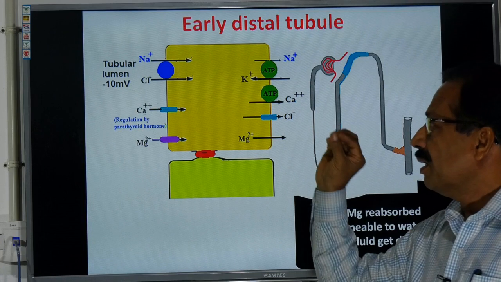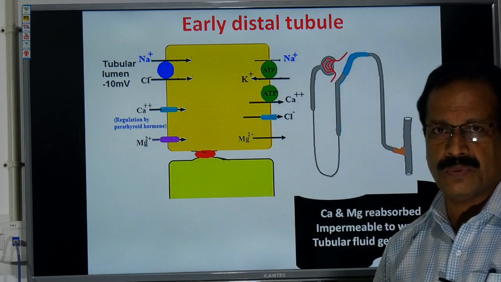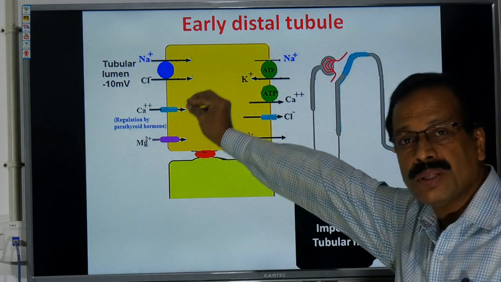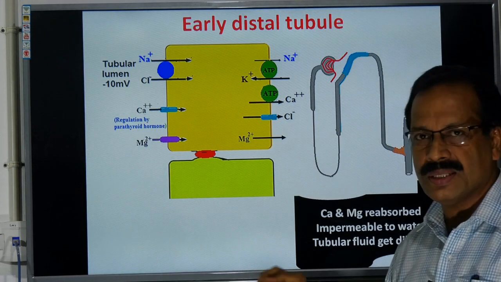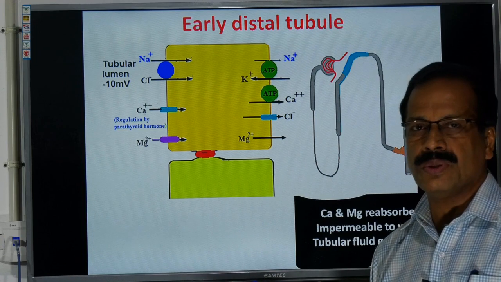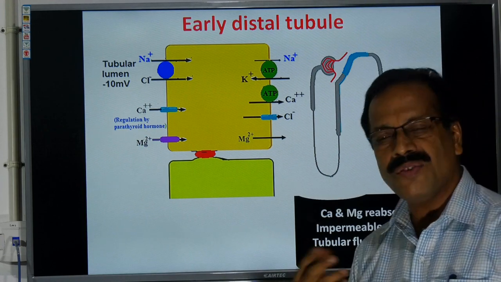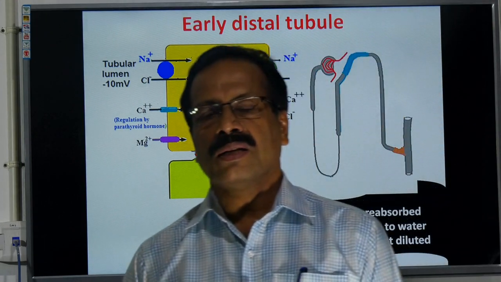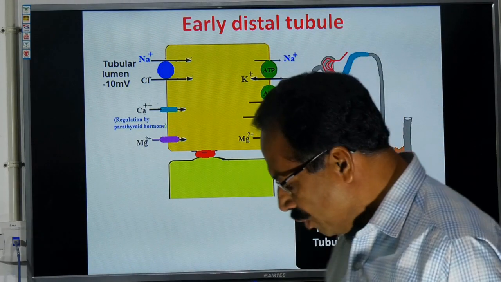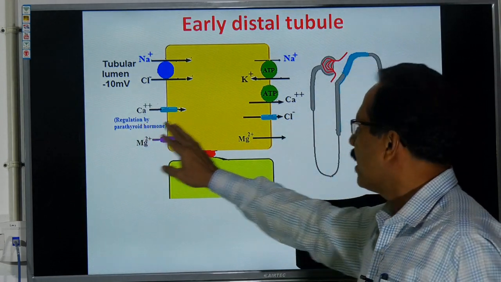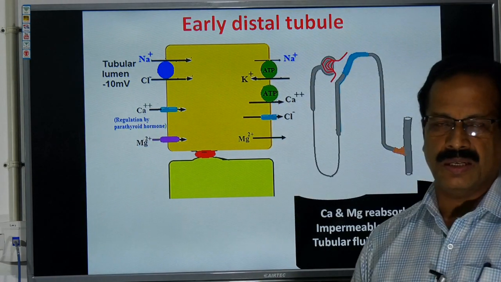And the reabsorption of sodium from the tubular lumen, we have seen that it depends upon the chloride reabsorption. Along with that, it also depends upon the amount of sodium present in the tubular lumen. So how is that controlling the sodium reabsorption? When the amount of sodium present in the tubular lumen is high, it increases the Na+/K+ ATPase activity.